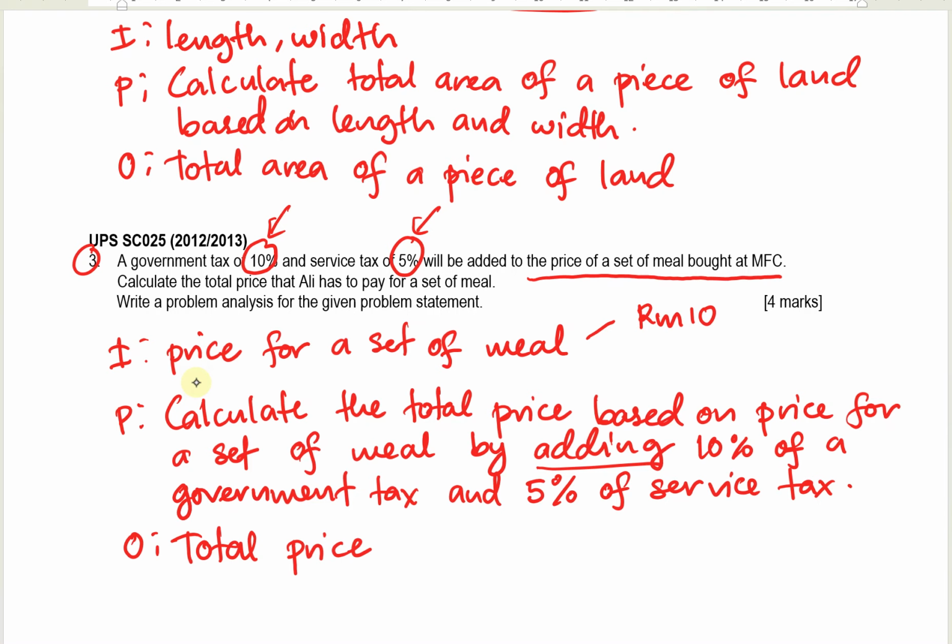Okay, next you are imposed, okay, with the 10% of government tax and 5% of service tax. Okay, based on what? Based on 10 ringgit. So now that's why you have to use adding. So once you press enter, then you will get the total price as 11 ringgit 50 cent.